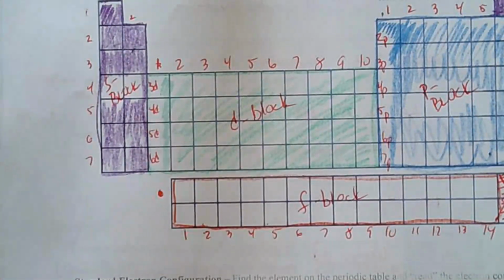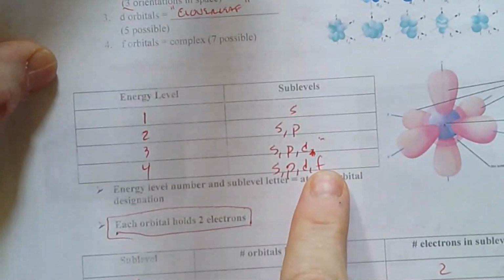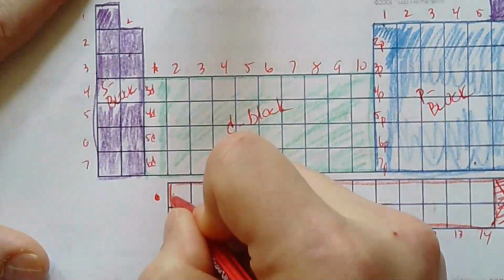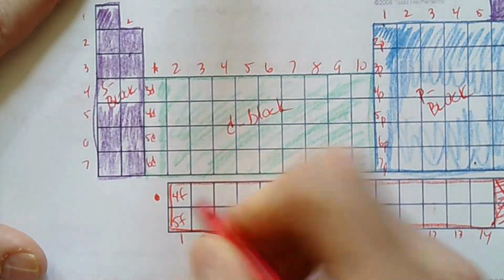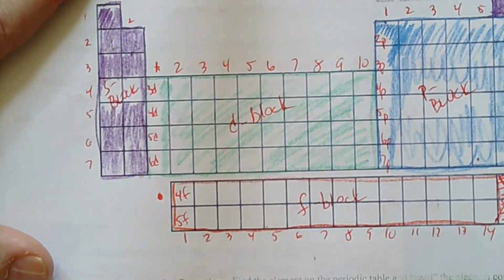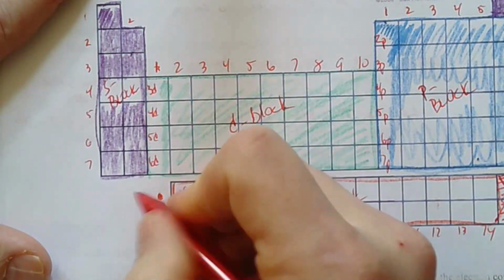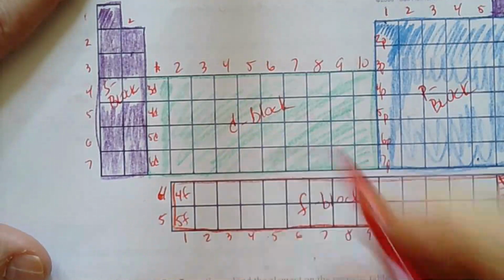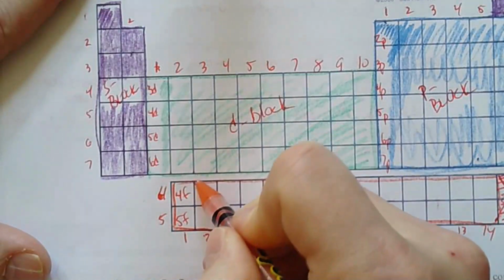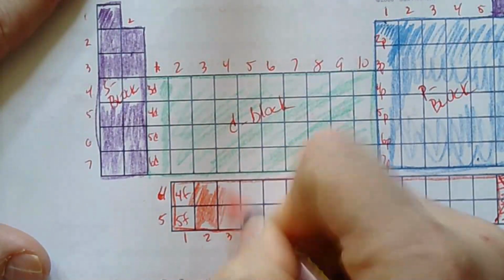Now, going back to our notes on page 9, where does the F block first show up? Well, in energy level 4. That means this is filling the 4F, this is filling the 5F. And likewise, because this is considered energy level 4 and 5, not period, because that's completely different.